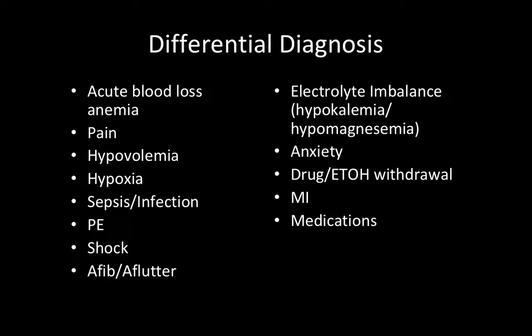Many of our patients are anxious, which is a big component. Several patients have drug and alcohol withdrawal, and then the all-important medications. Some of our patients are on medication lists a mile long, and thus it's important to look at those and make sure that some of what's happening isn't being caused by their medications or lack of taking them.